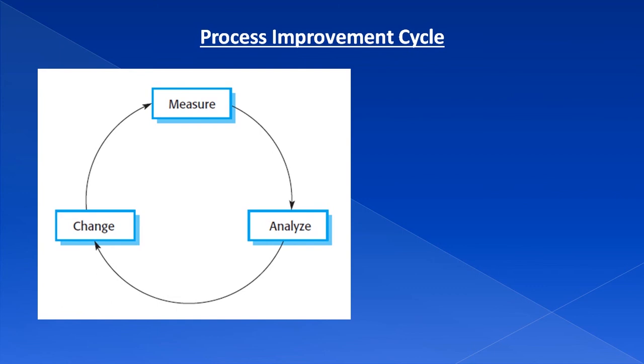So they measure. After that, they analyze your results, right? After analyzing, they make the necessary changes so they can improve, right? Again, they measure, they analyze the results again and they make changes. So likewise, that's a process improvement cycle.